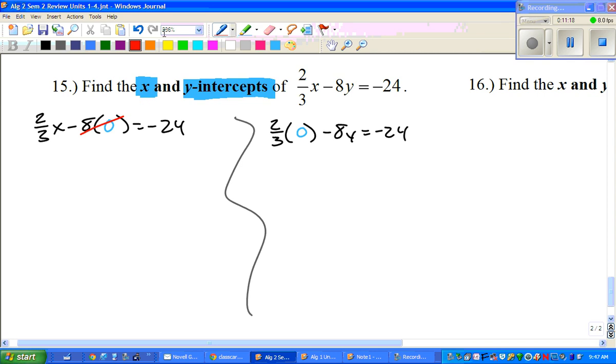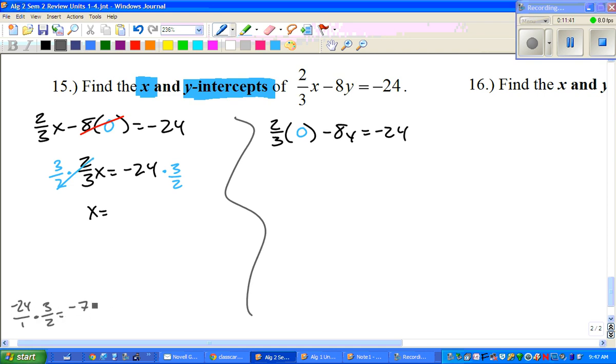Okay, -8 times 0 is 0, and we're left with 2/3 x equals -24. We have to multiply by the reciprocal. And off to the side, we got -24 over 1 times 3 over 2.